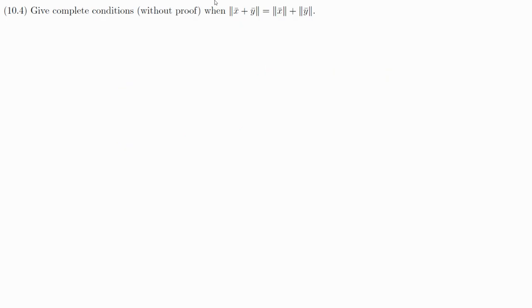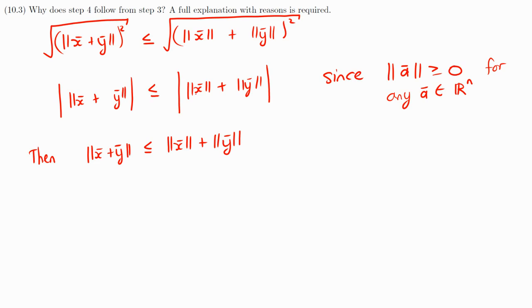Perfect. And now 10.4, give a complete condition, without proving, for when this is applied. Okay, so let's think about this for a moment. From the previous thing we did, we see that this part is less than or equal to this part.